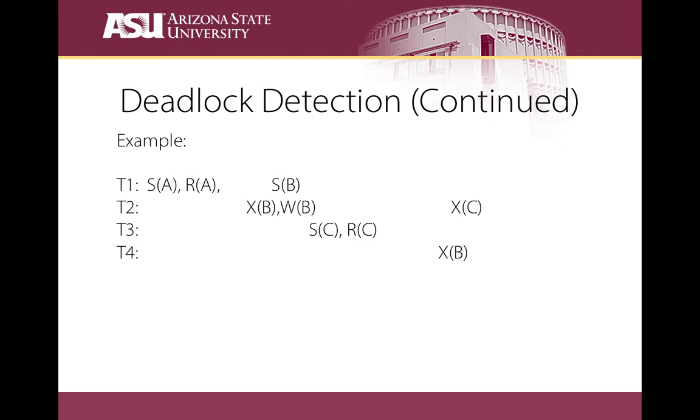Transaction 1 is reading A and then acquiring a shared lock on B. Transaction 2 is writing into B. Transaction 3 takes a shared lock on C and then reads C. Then transaction 2, by the end here, is requiring an exclusive lock on C. And transaction 4 is acquiring an exclusive lock on B here.